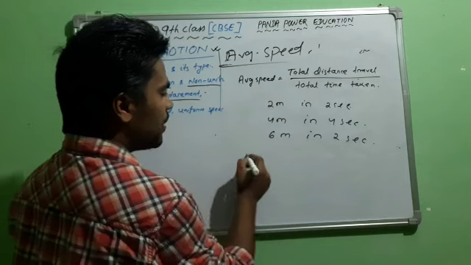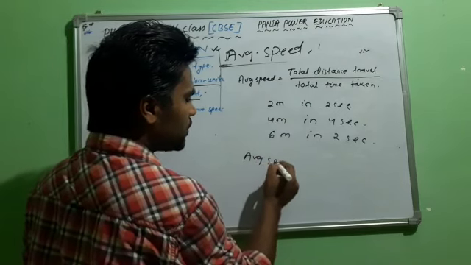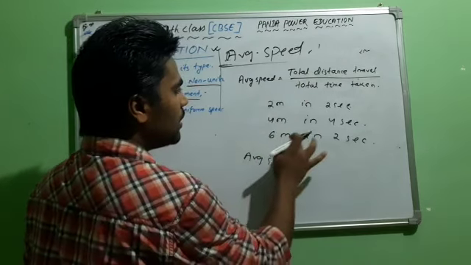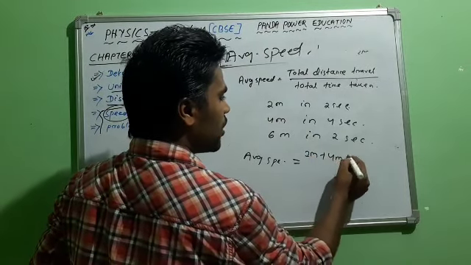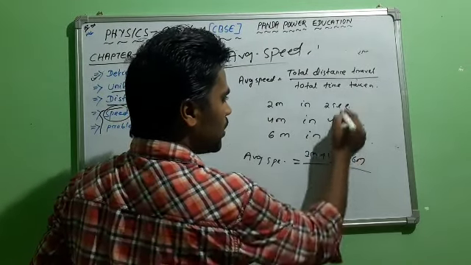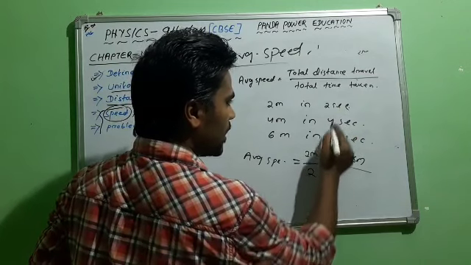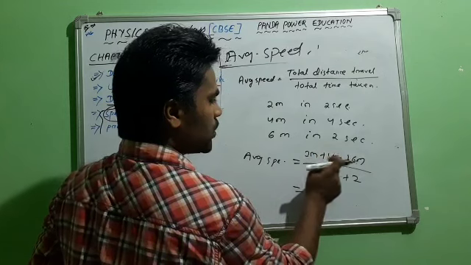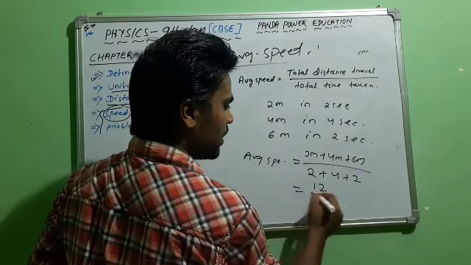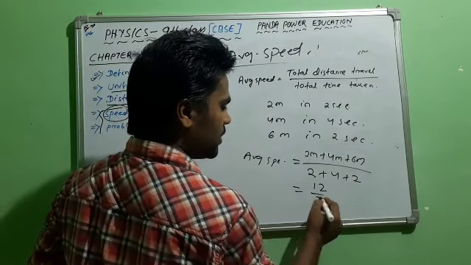Here, what is the average speed? Average speed is equal to total distance, 2 meter plus 4 meter plus 6 meter, divided by total time, 2 second plus 4 second plus 2 second. How much? 2 plus 4 is 6, plus 6 is 12, divided by 2 plus 4 is 6, plus 2 is 8.